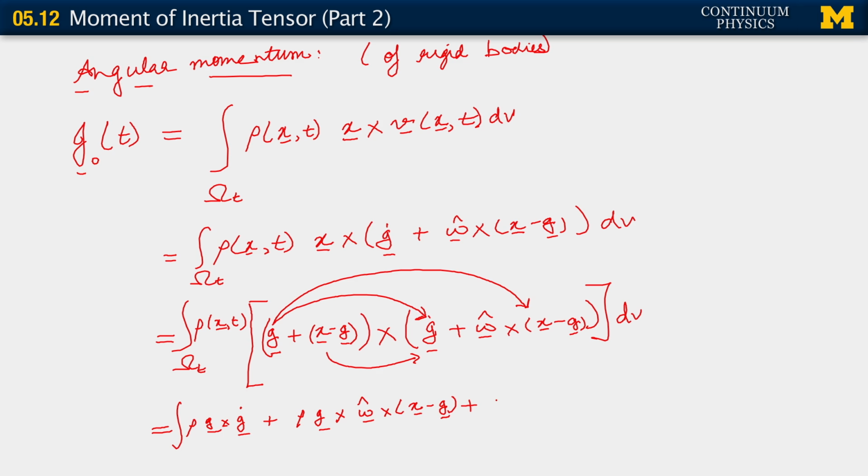So I get plus rho times x minus g cross g dot, and finally I get rho times x minus g crossed with omega hat cross x minus g. All of this integrated over dv, and that last term is this one.